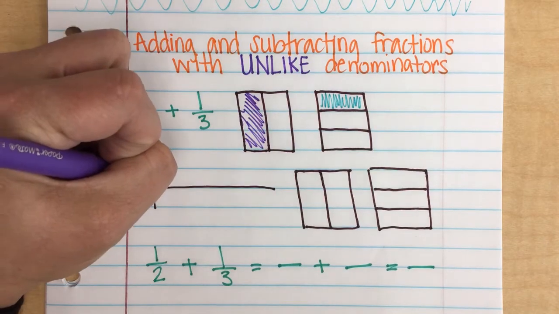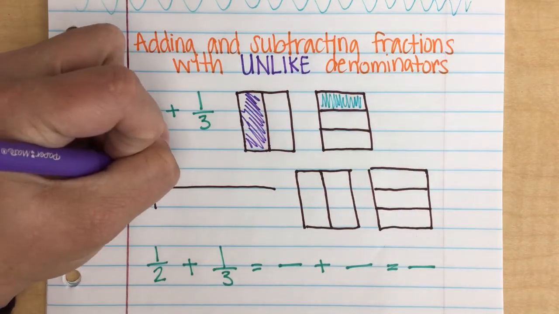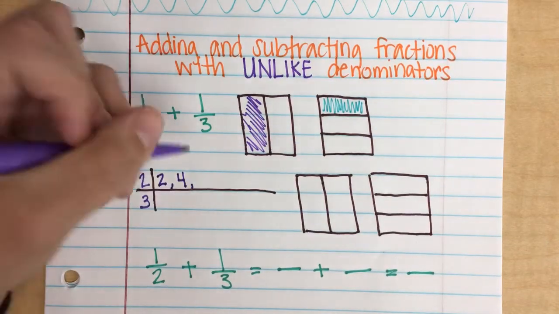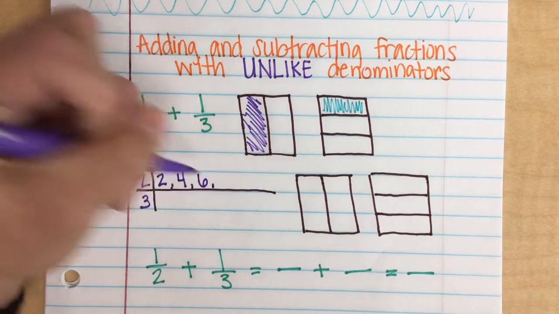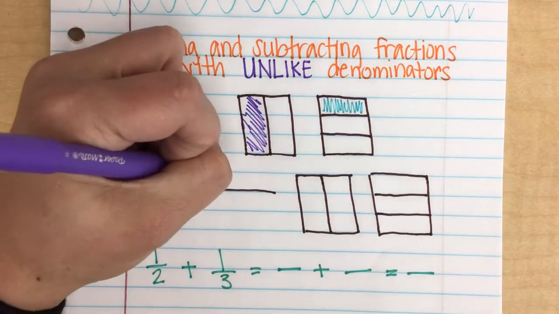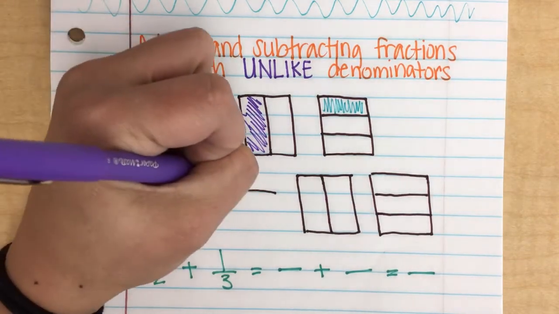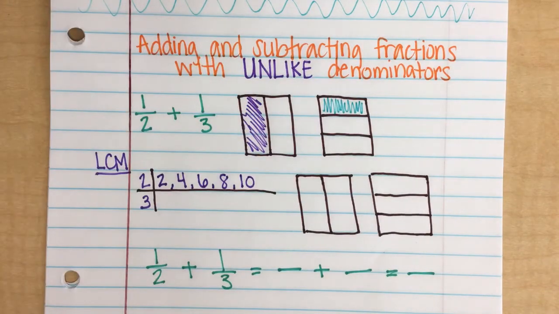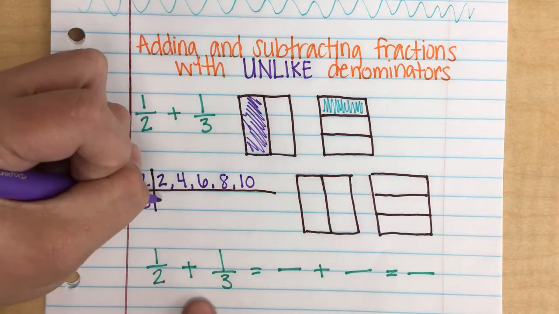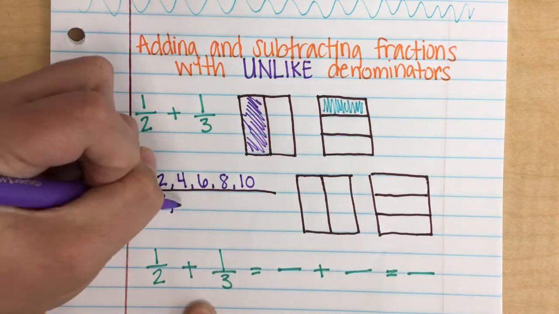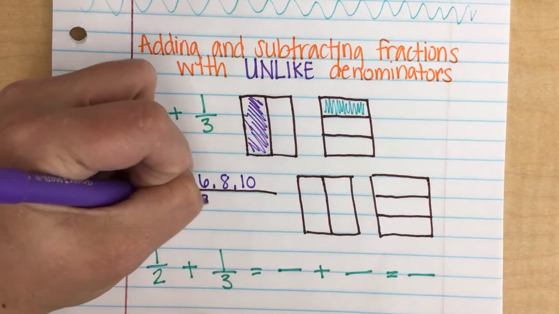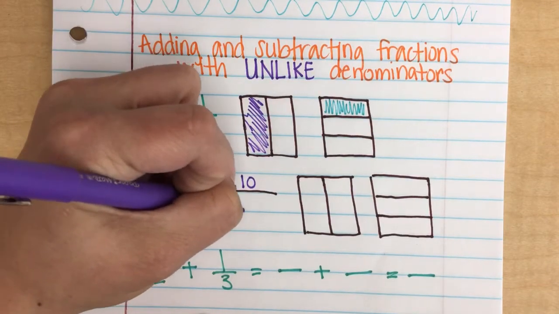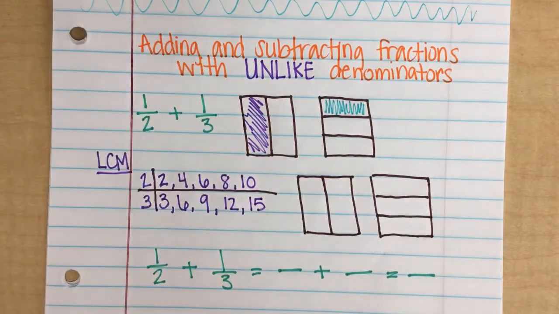So 2 times 1 is 2, 2 times 2 is 4, 2 times 3 is 6, 2 times 4 is 8, 2 times 5 is 10. Okay, I'm going to do the same thing for 3. So basically just skip counting by 3. 3, 6, 9, 12, 15.